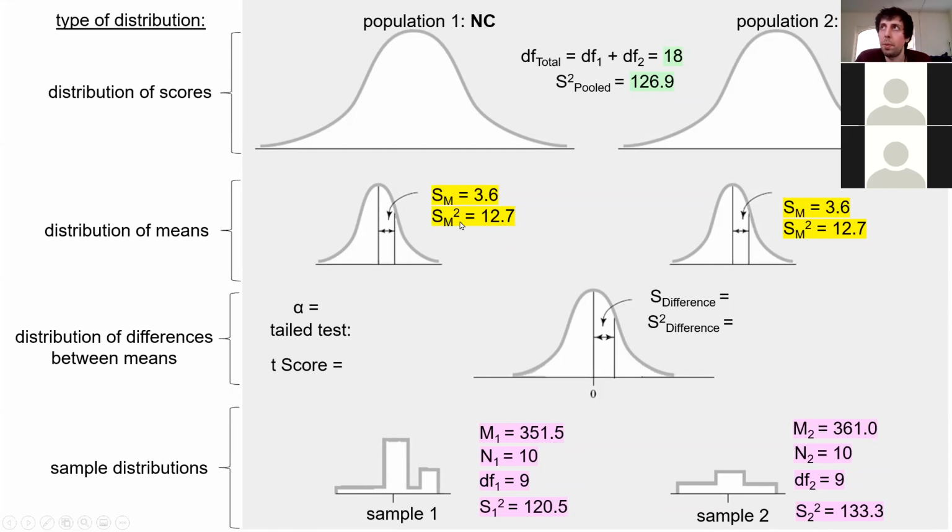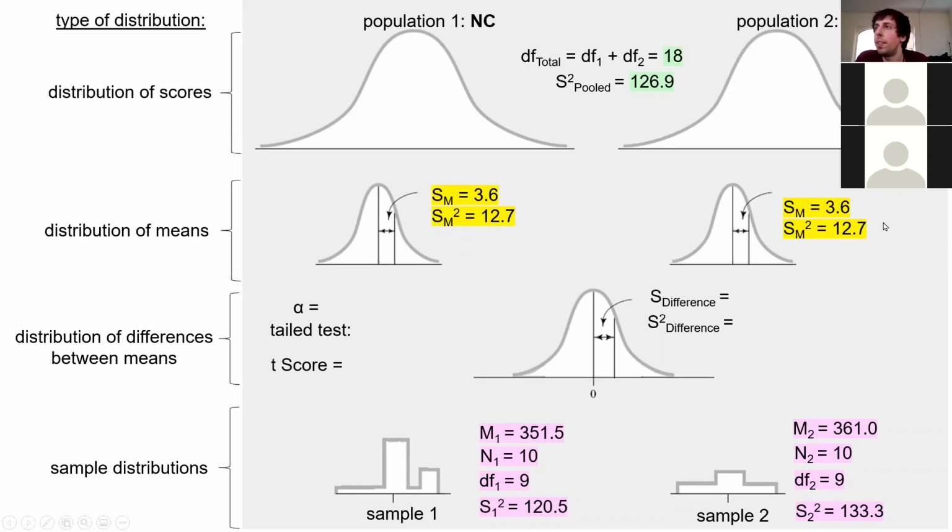But remember, when you calculate the variance, it's very easy to convert that to a standard deviation just by taking the square root of it. So to get this value here, SM, which we called previously the standard error of the mean, because it is the standard deviation of a sampling distribution, the square root of 12.7 is 3.6.